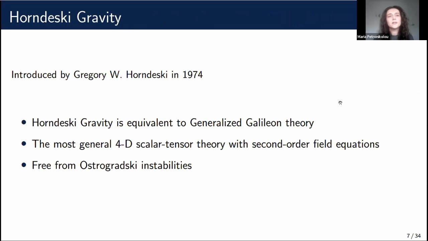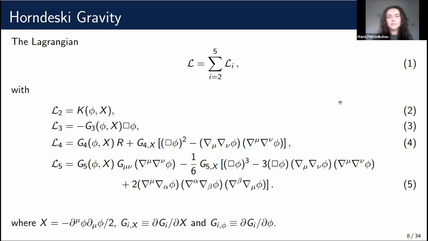So we're focusing on scalar-tensor theory, specifically Horndeski gravity, to see if it is possible to alleviate the tension through the H-node. This theory was introduced by Gregory Horndeski in 1974. Horndeski gravity is equivalent to generalized Galileon theory. It is the most general four-dimensional scalar-tensor theory with second-order field equations, and it's free from Ostrogradsky instabilities.